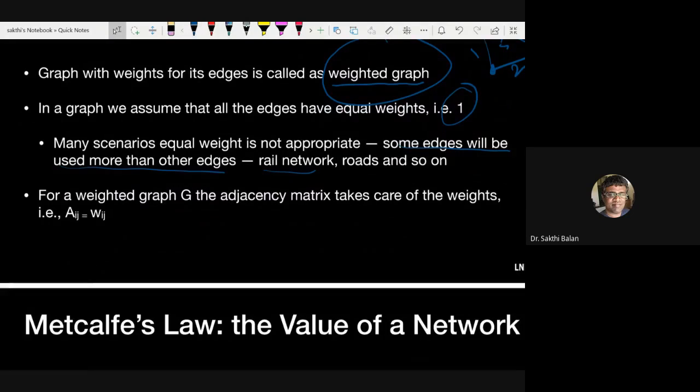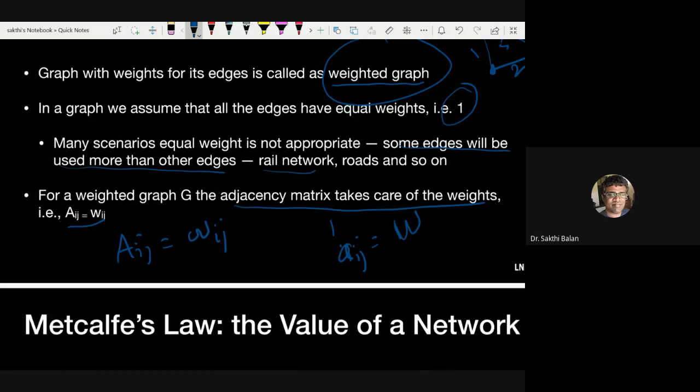And if you are considering a weighted graph, the adjacency matrix takes care of the weight. So Aij will now be equal to Wij. Instead of just 1, if i and j are connected, where I said Aij will be 1, we will now put the weight W, where W is a real number.